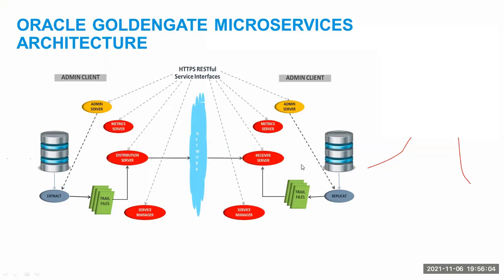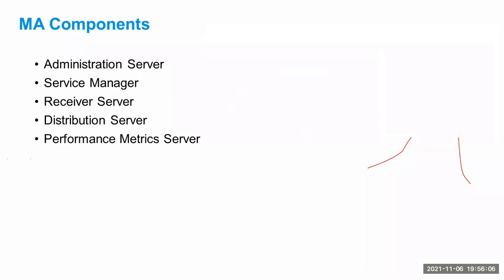So the components of microservices architecture include, first of all, the service manager. The service manager is basically the watchdog for all the services. Under the service manager, you have admin server, receiver server, distribution server, and performance metrics.